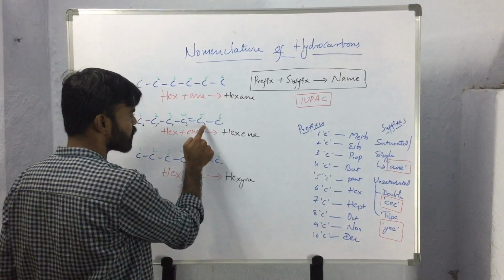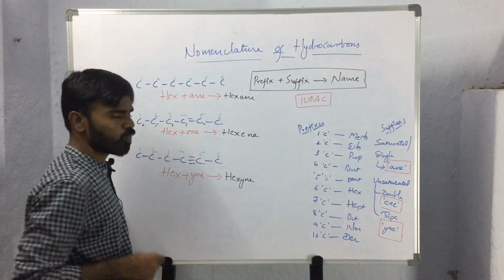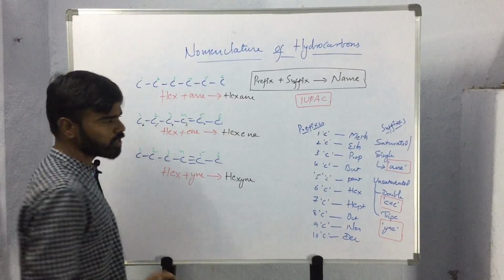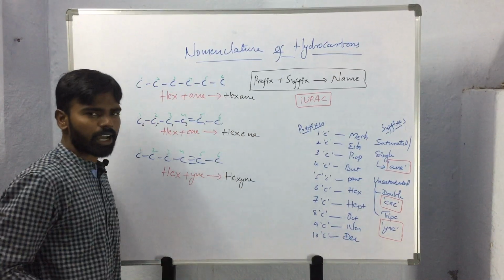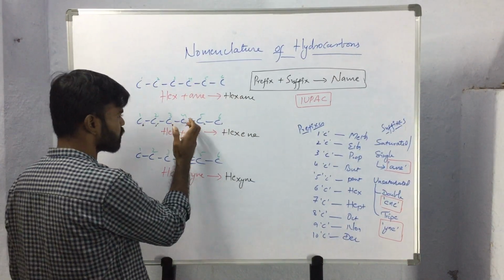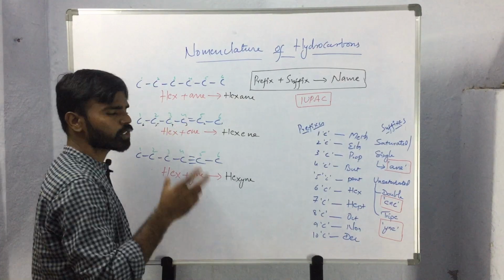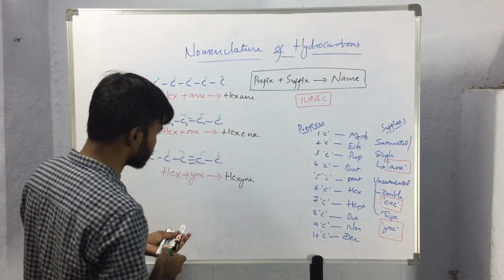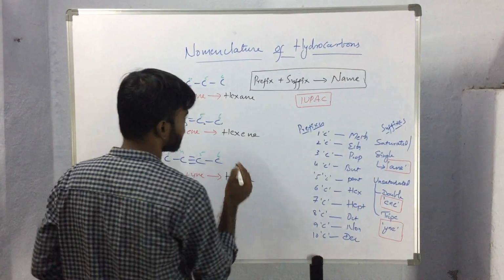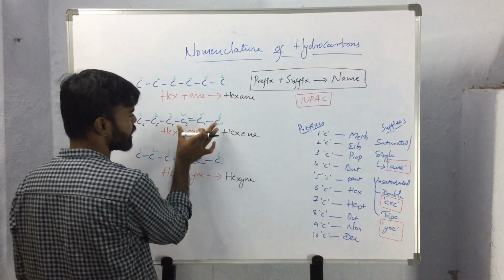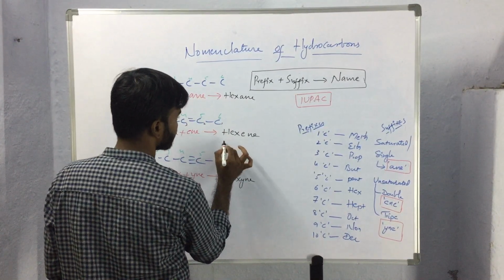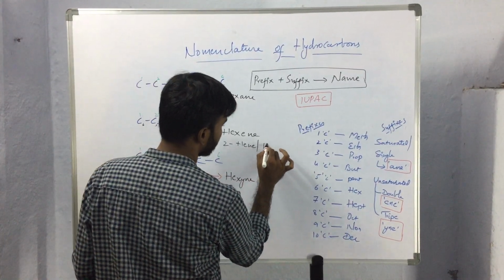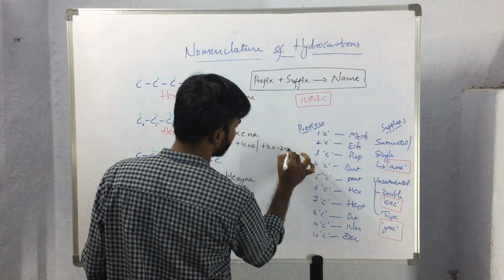As 2 is less than 4, we prefer numbering from this carbon atom, because according to IUPAC the carbon atom having unsaturation should get the least possible number. So the correct name of this compound will be 2-hexene, or we can say hex-2-ene.